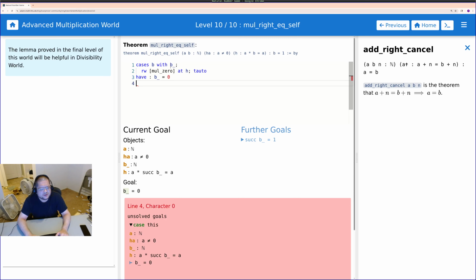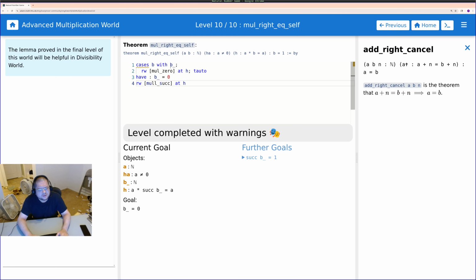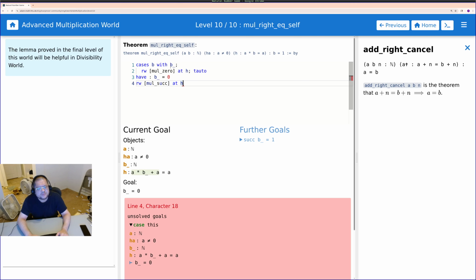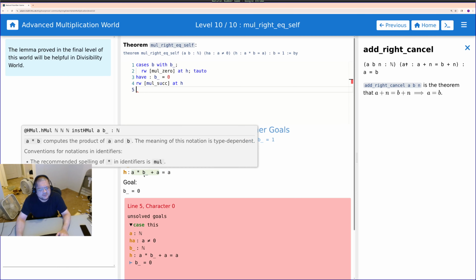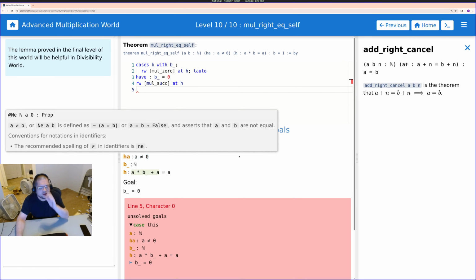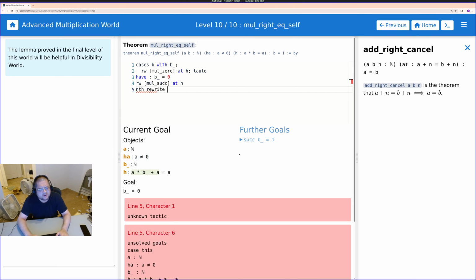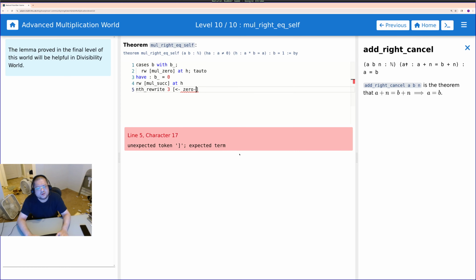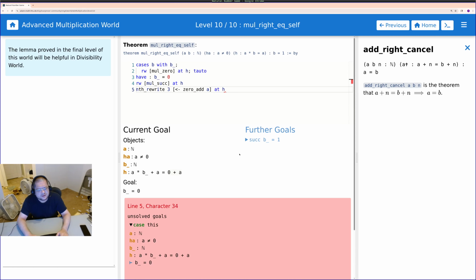And the way I'm going to prove this is that we use h. Okay. We're going to make this a 0 plus a, and then cancel the a. So a times b underscore has to be 0, and then use that. All right. So rewrite 1, 2, 3. 0 add a at h.